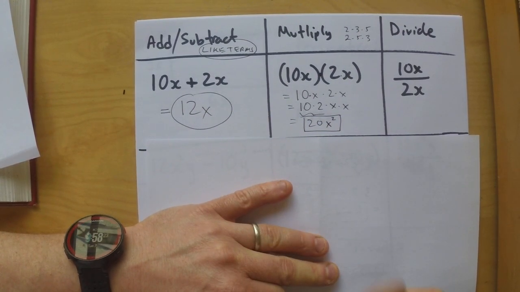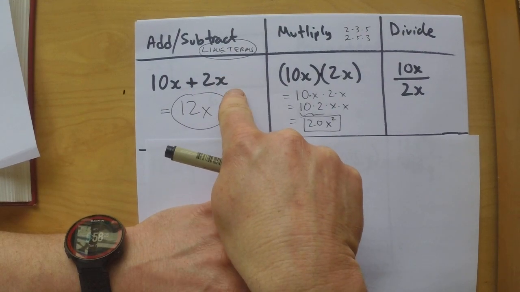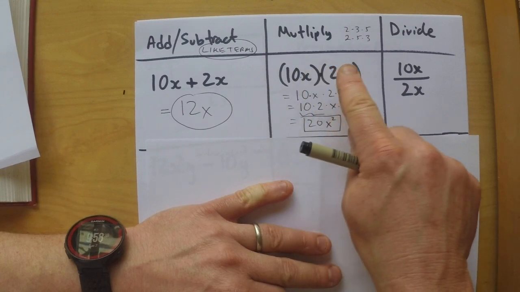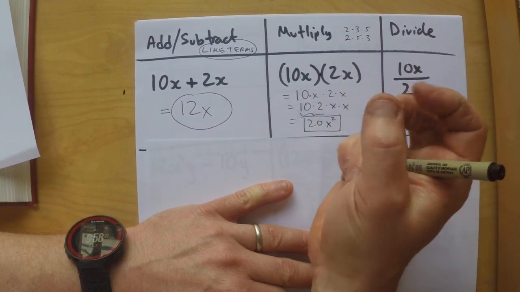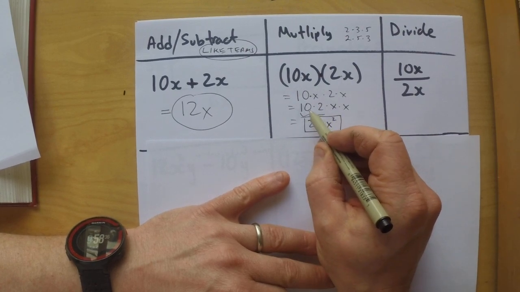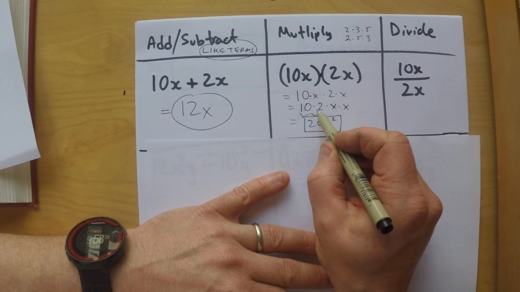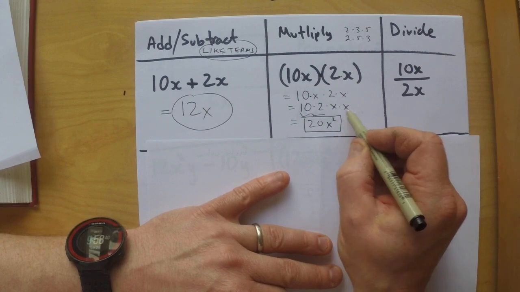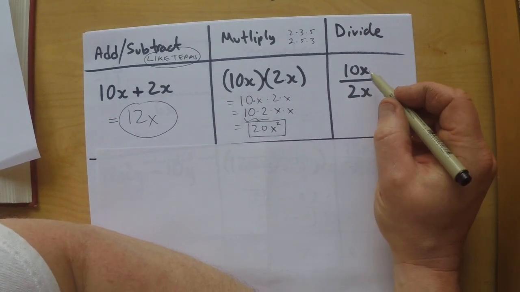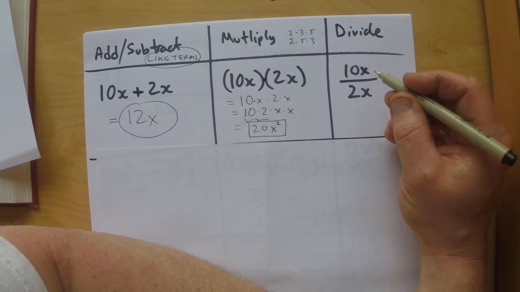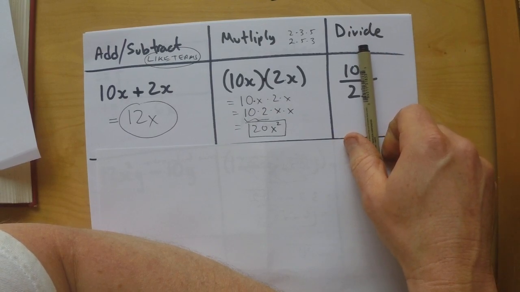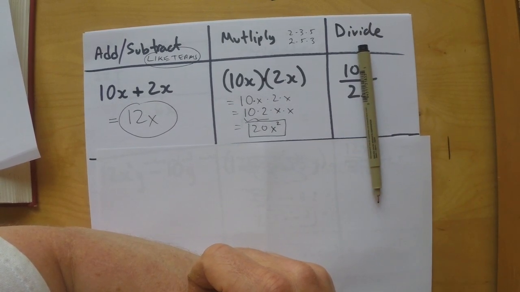So two things to notice. One is add, subtract, like terms only. The exponent never, ever, ever changes. When you're multiplying, because you're allowed to multiply different variables together, the exponent can change. Multiply coefficients and multiply variables. When you're dividing, same rule. You're allowed to divide monomial by monomial. You divide the numbers just like you would a regular fraction.